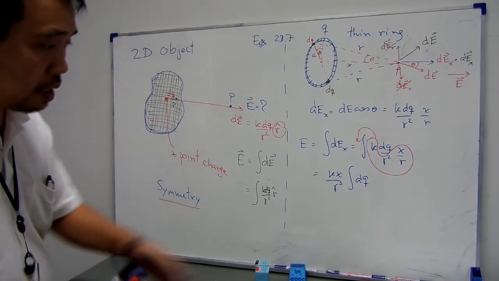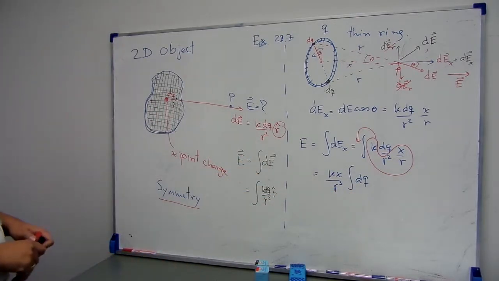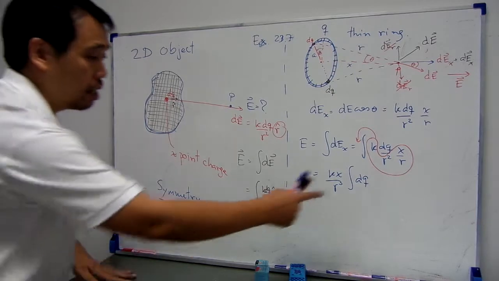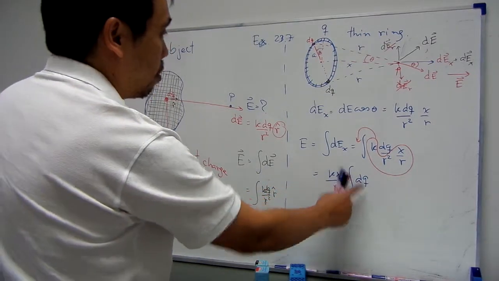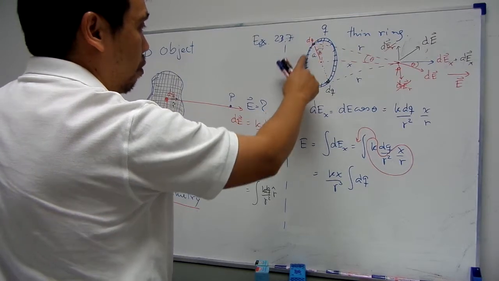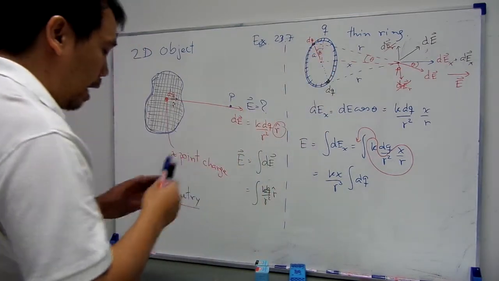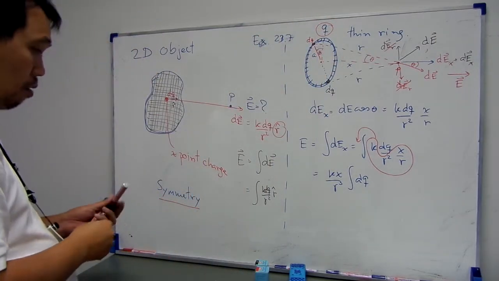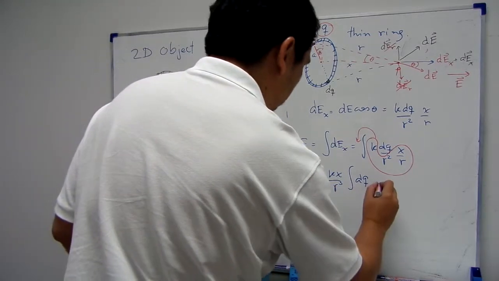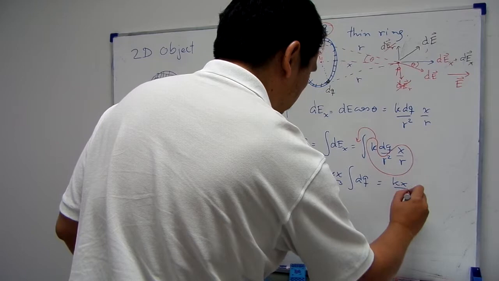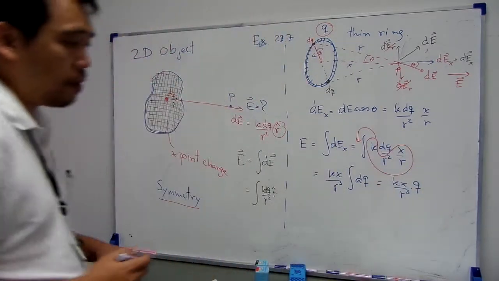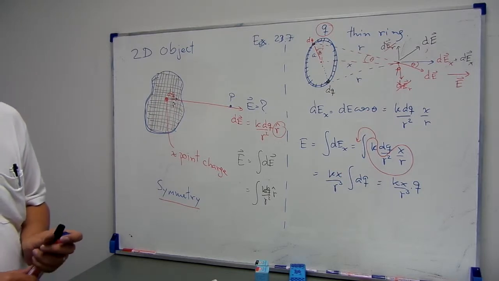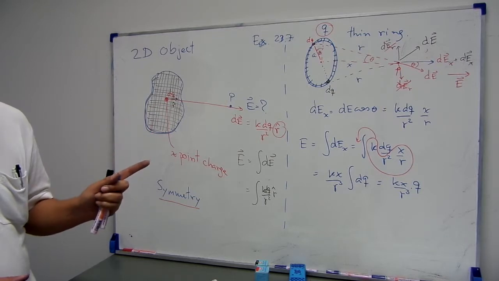Now, what is the integration of dq? As I explained many times, the integration is just a summation of dq. So when we do the integration of dq, it means that we sum all of the values of dq for every piece on this ring, and it must equal the value of Q. So we have that this equals kx over r cubed times Q. That is the solution.